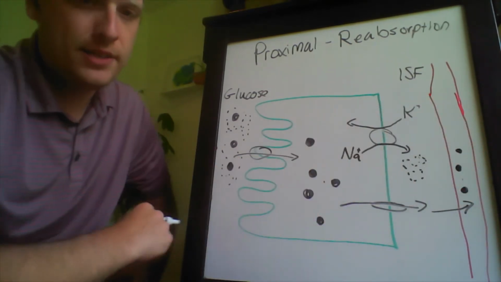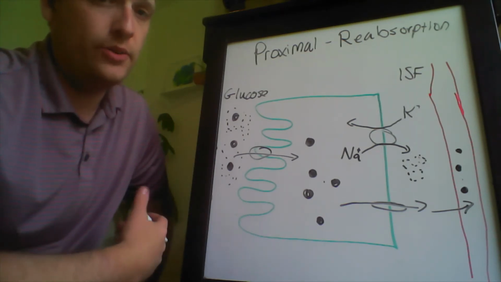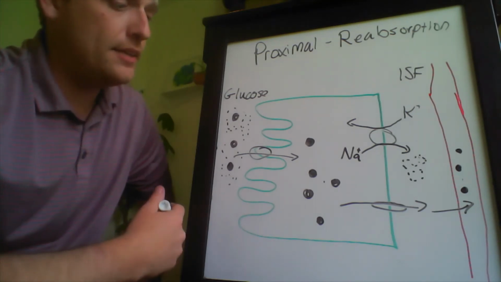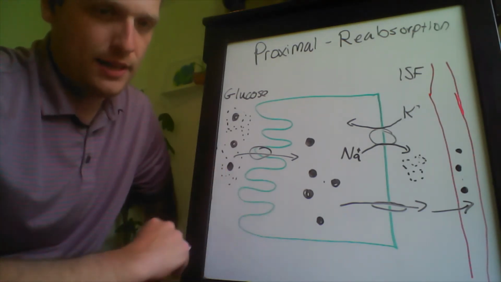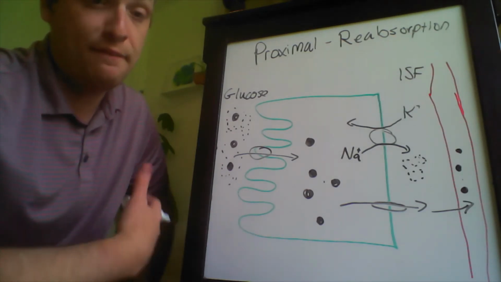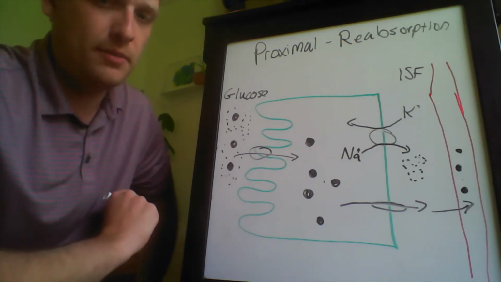So that would be how a substance like glucose and amino acids are transported during reabsorption in the proximal tubule. And almost 100%, the vast majority of any nutrients that get filtered out of the blood are going to be quickly reabsorbed in the proximal tubule.